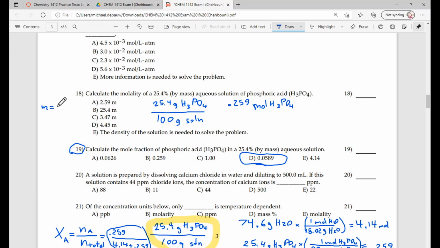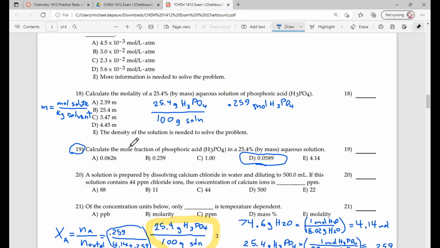Molality is moles of solute over what? Yeah, over what of solvent? Kilograms of solvent. Very good. So kilograms of solvent, not solution, solvent.